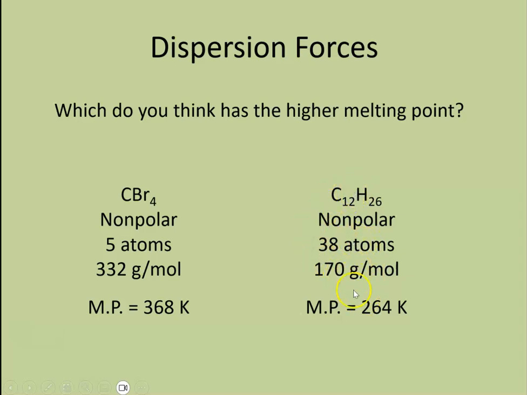But dodecane is a liquid at room temperature, whereas carbon tetrabromide is a solid at room temperature. So it's actually the molar mass, because even though it's only got 5 atoms, these bromine atoms are huge. And so it's very polarizable, very squishy, which increases the strength of its dispersion forces, making them much stronger than the dispersion forces in dodecane.